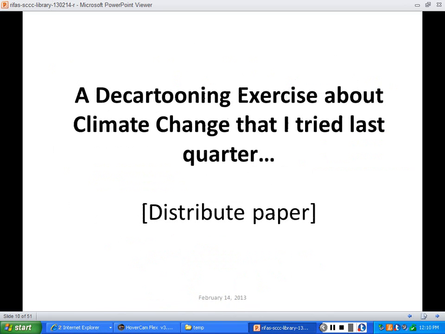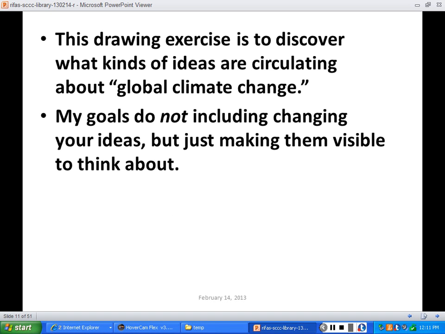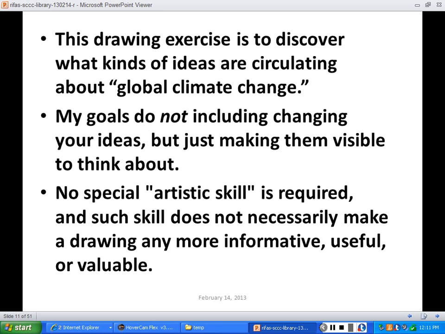Okay, so this is what I tried in my technical writing class last quarter. The assignment was this. This drawing exercise is to discover what kinds of ideas are circulating about global climate change. My goals do not include changing your ideas, but just making them visible to think about. No special artistic skill is required, and such skill does not necessarily make a drawing any more informative, useful, or valuable.